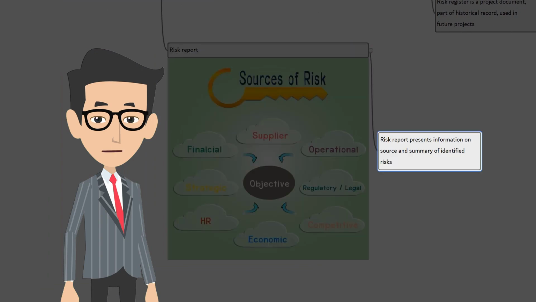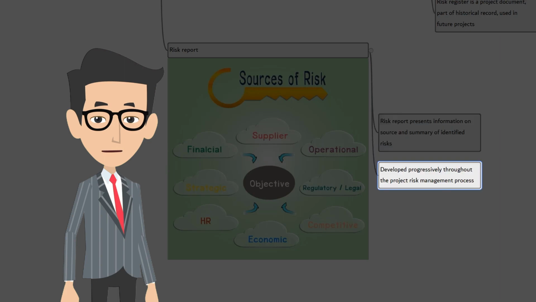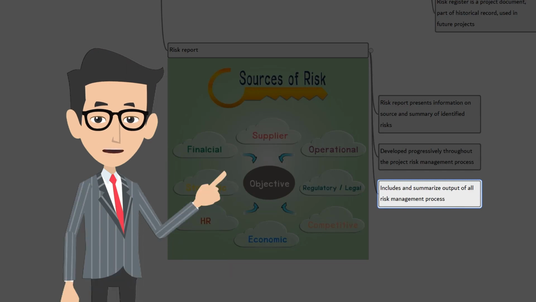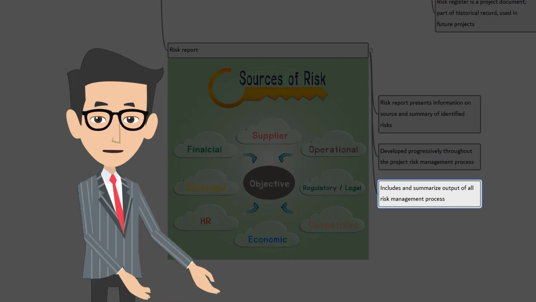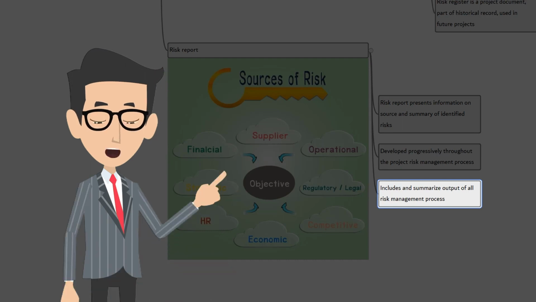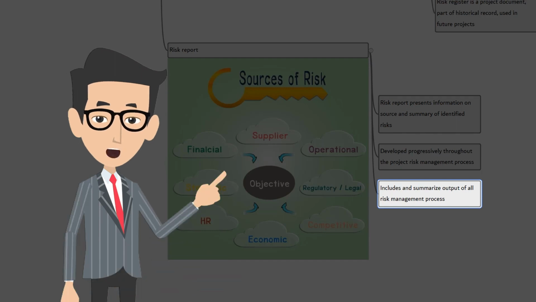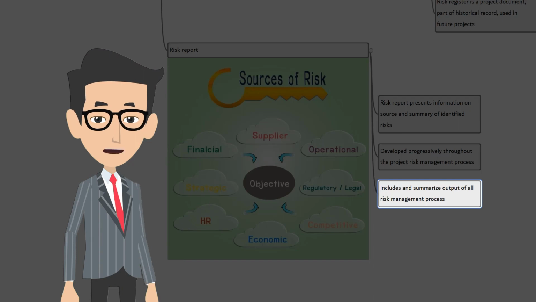Risk report presents information on source of overall project risk together with summary information on identified individual project risks. The risk report is developed progressively throughout the project risk management process. The result of perform qualitative risk analysis, perform quantitative risk analysis, plan risk response, implement risk response, and monitor risk are also included in the risk report as those processes get completed.